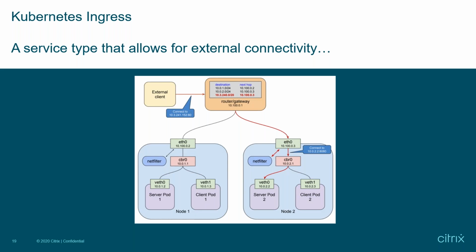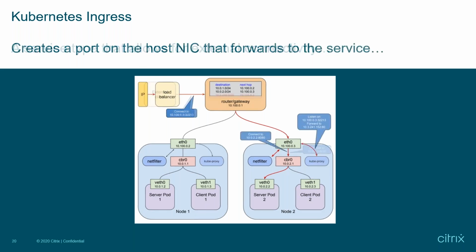However, we have to remember that nodes themselves are also ephemeral. This means that nodes come and go, and those routes will break. In addition, there's no load balancing to steer traffic intelligently between the two nodes. So the next logical step is that we add a load balancer like NetScaler ADC and steer the traffic to either of those nodes.